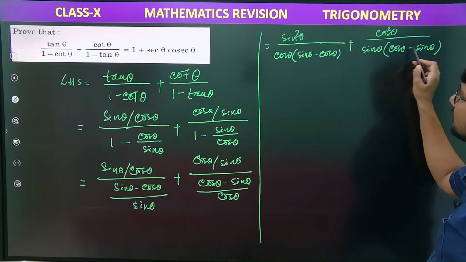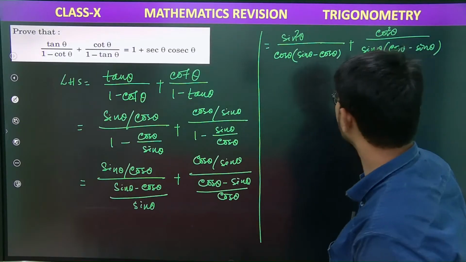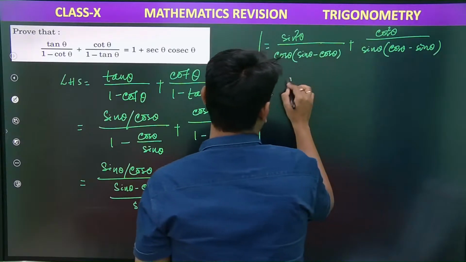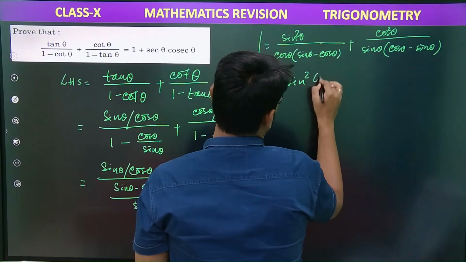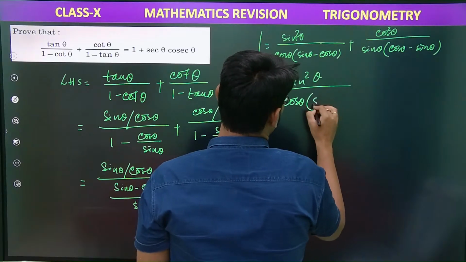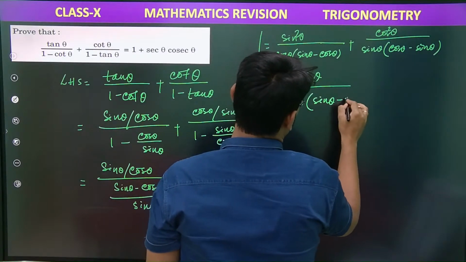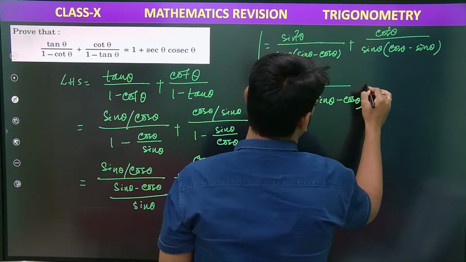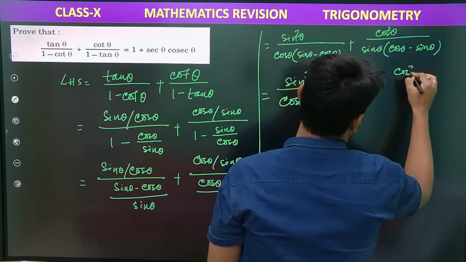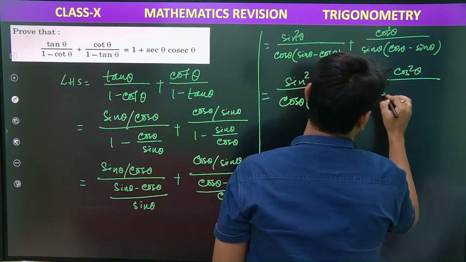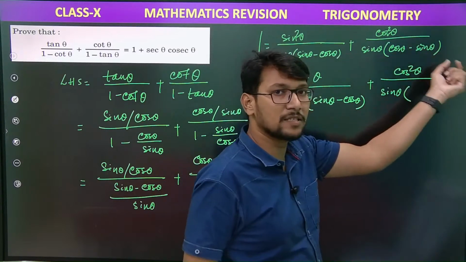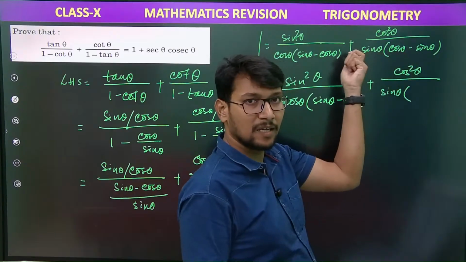Now here we have to change the sign. Why? This is sin theta minus cos theta, and it is cos theta minus sin theta. It will become sin squared theta by cos theta into sin theta minus cos theta, plus cos squared theta by sin theta. How can we write cos theta minus sin theta? By taking minus as common.